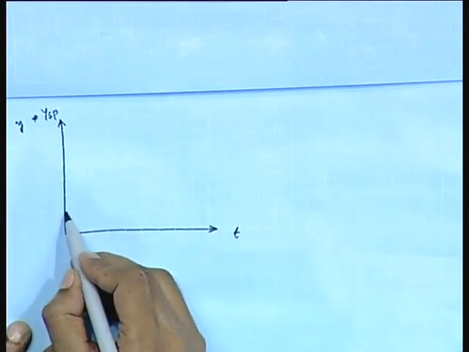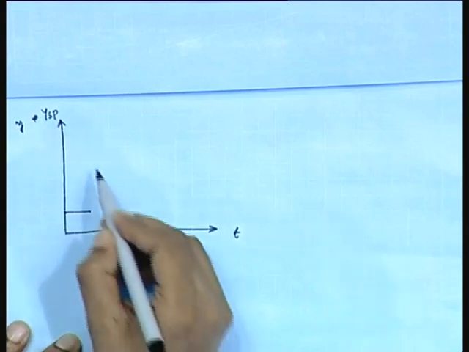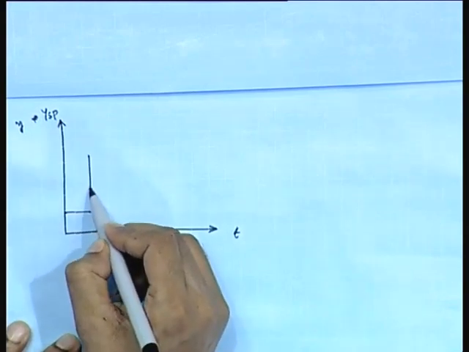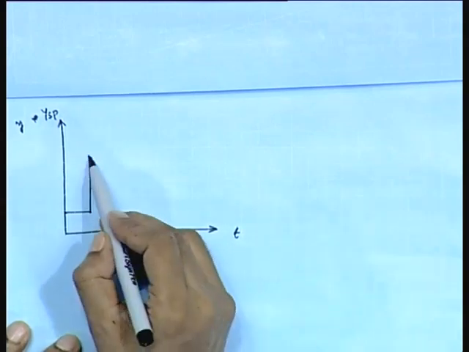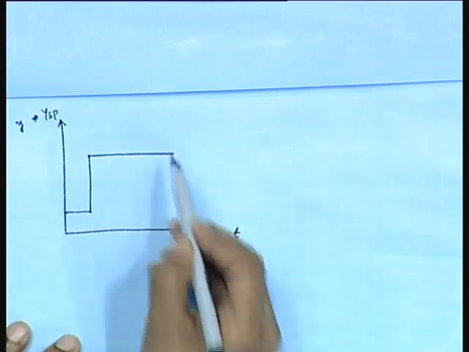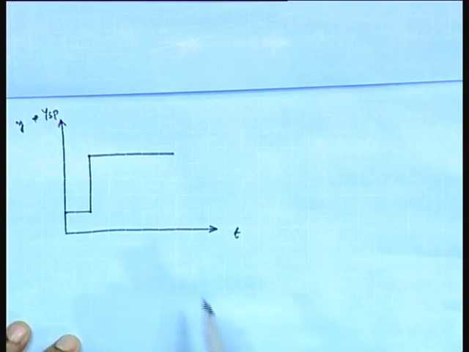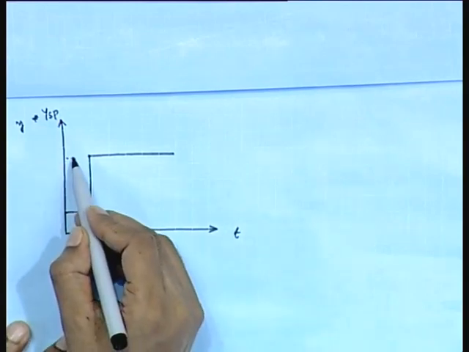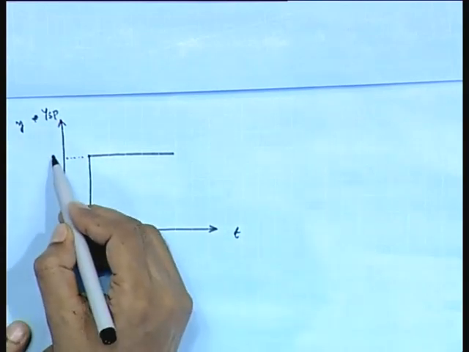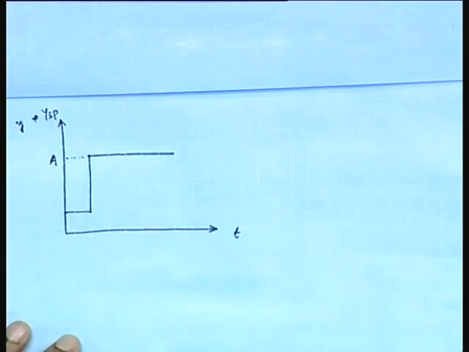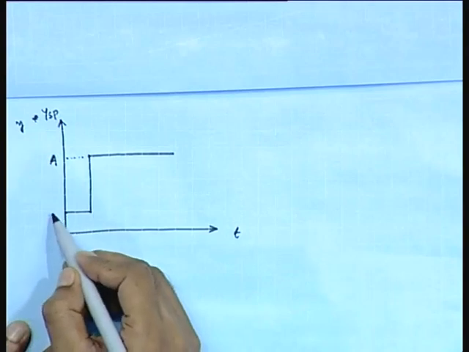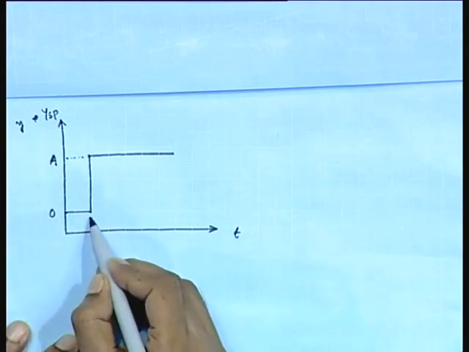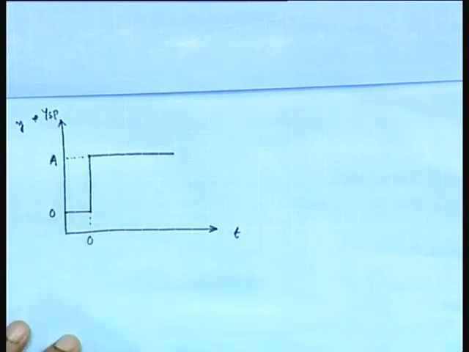Now, we consider a step change in set point with magnitude A. So, this is magnitude A. Initially it was say 0, and we are introducing step change at time equals 0.